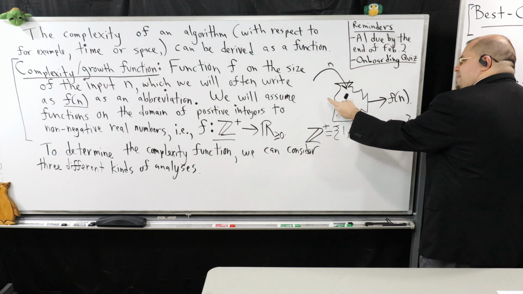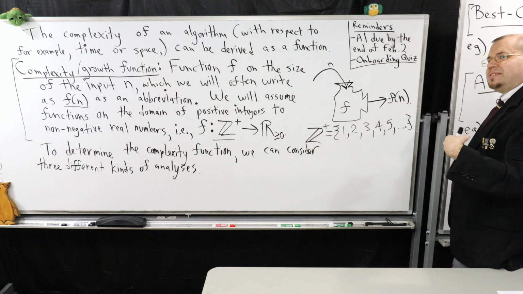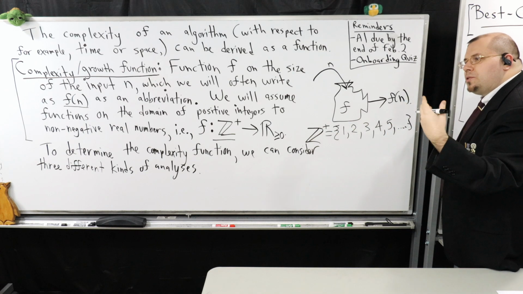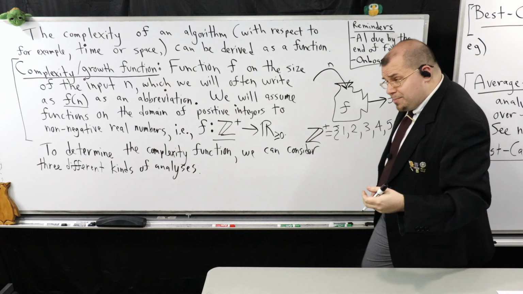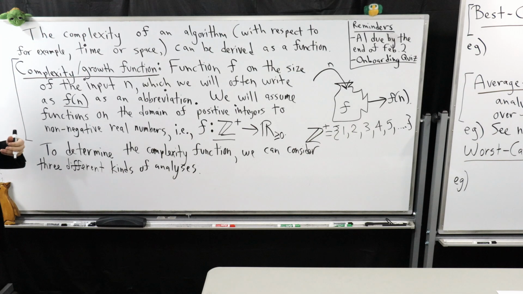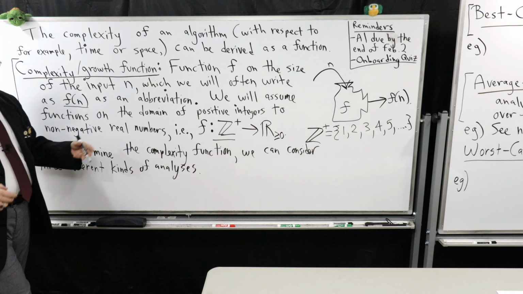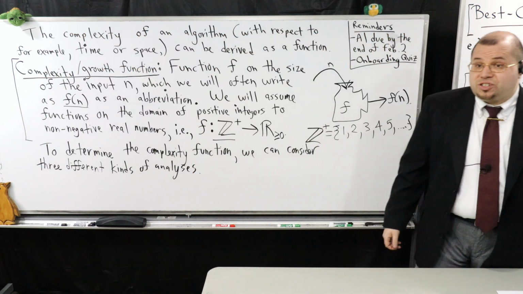So what it does is it takes a positive integer, and then as output, it produces what we call a non-negative real number. Now, you might know what a real number is. These are your fractional numbers, such as a half, 0.78, and it also includes the irrational numbers, like for example pi or the square root of 2.